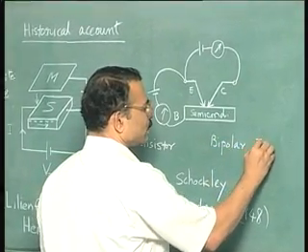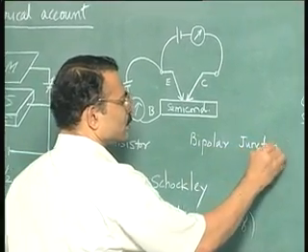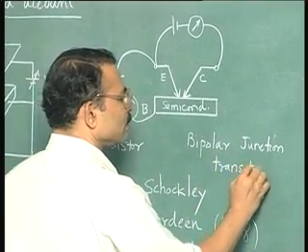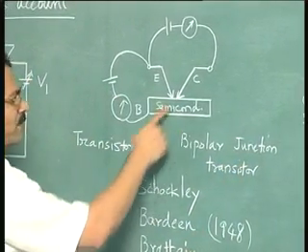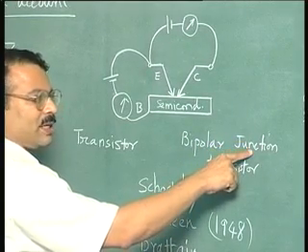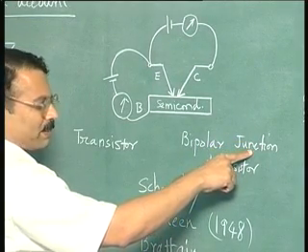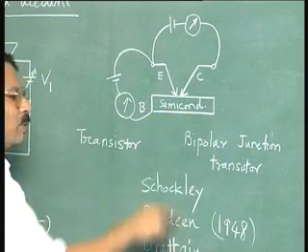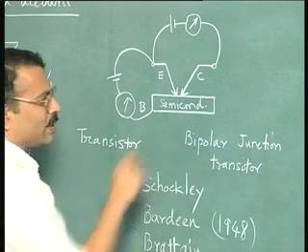Bipolar junction transistor, because the operation of this device could be explained using the theory of p-n junctions that had been developed, and the operation of this device involved both electrons and holes, that is why the word bipolar.